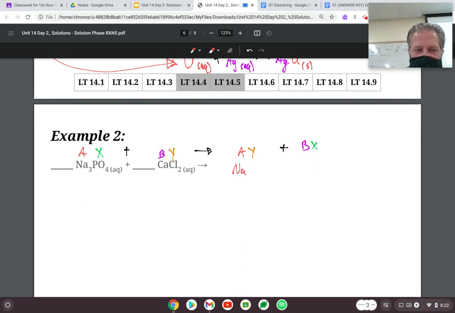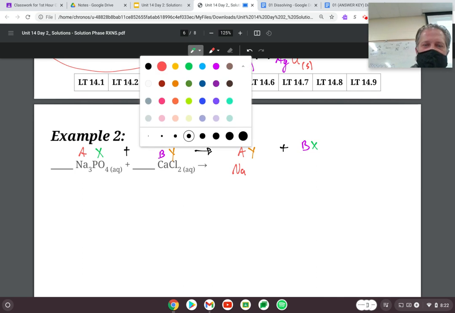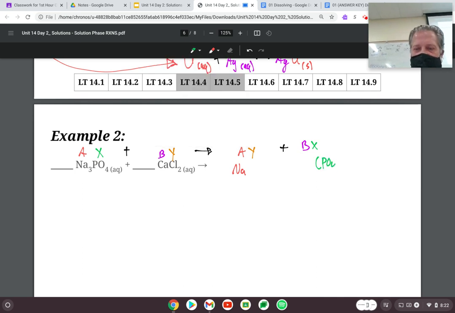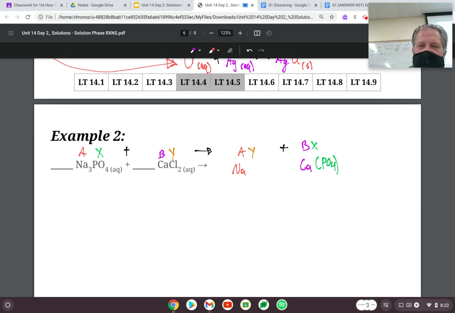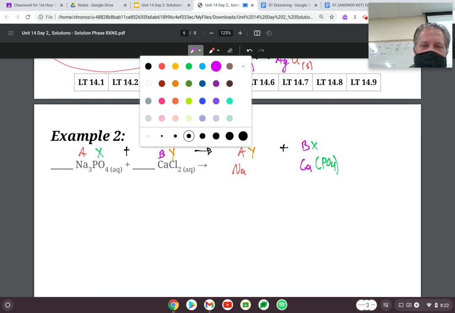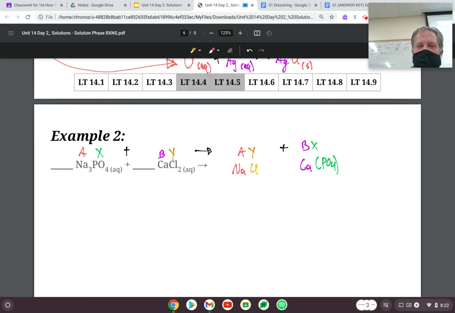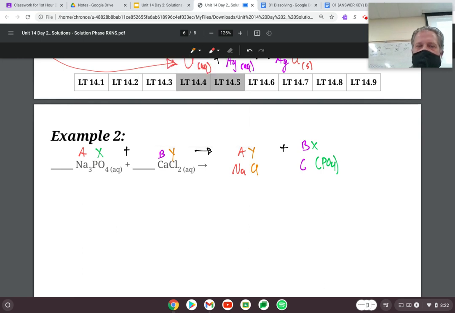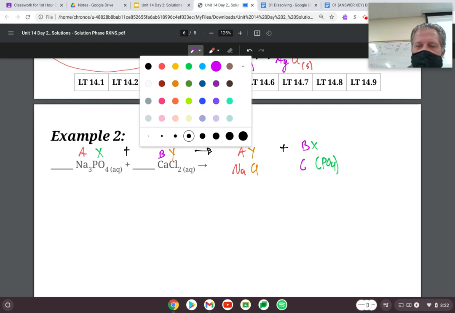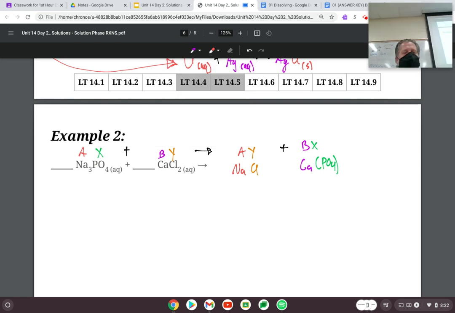I'm going to put my sodium here, my phosphate way back over here, my calcium here, and my chlorine here. Oops, wrong color. Okay. Now, what I really have to remember is that I have to check my charges and crisscross them down.